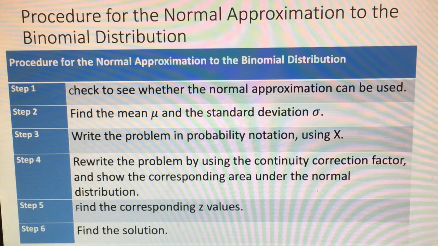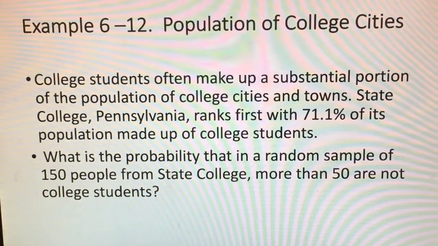Step 4 is rewrite the problem by using the continuity correction factor and showing the corresponding area under the normal distribution. Step 5 is find the corresponding z values. And step 6 is find the solution, or you could state find the probability. So those are our steps.